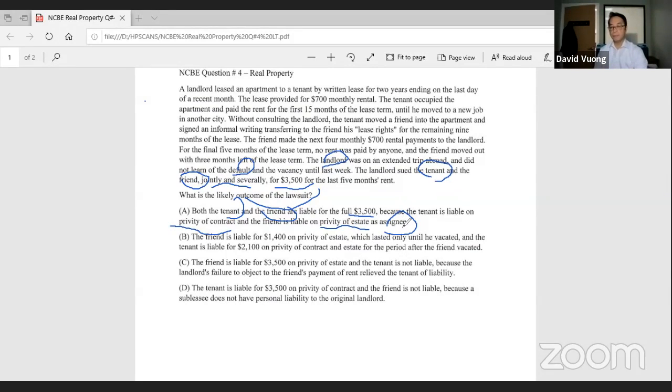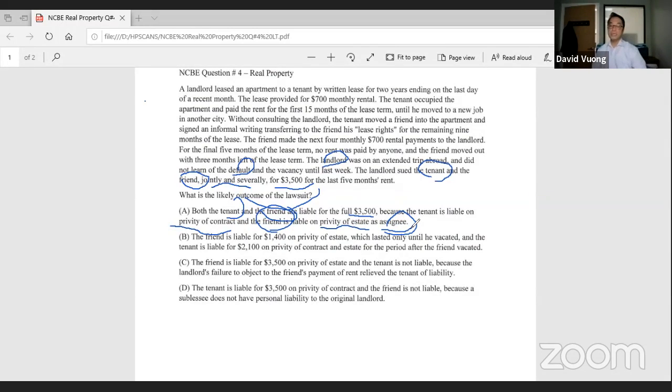And that is correct. A tenant is liable because of privity of contract, because of the original contract that the tenant signed with the landlord. Okay, that's called privity of contract. The privity of estate means the tenant assigned to the friend. If a tenant assigned to a friend, therefore the friend is an assignee.